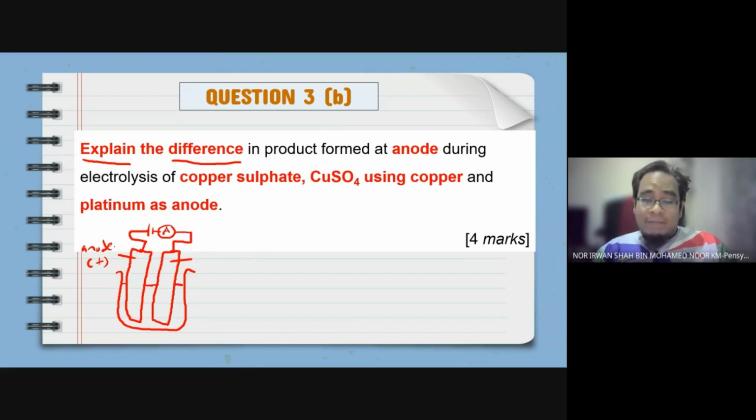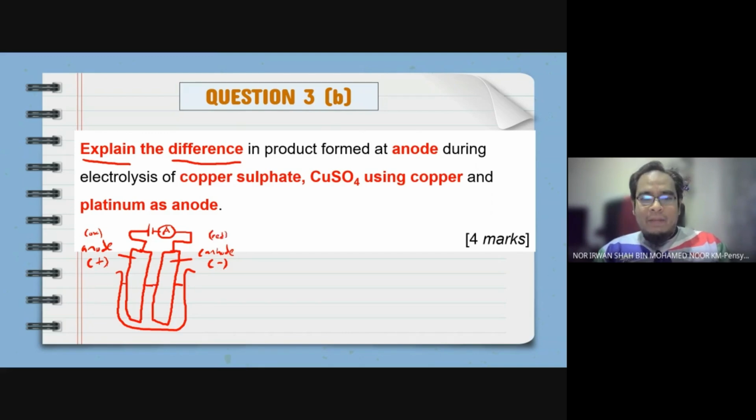Tapi proses sama. Guys, proses sama maksudnya oxidation berlaku dekat anode. Okay, masih sama seperti galvanic cell kan. Okay, dan cathode pula on the other hand, cathode pula adalah negative terminal. So that's why cathode kita akan sambung pada negative terminal lah. Kalau dekat power supply tu kita akan sambung dekat bahagian yang negatif. Okay, dan sama juga seperti galvanic cell, dekat cathode berlakunya reduction.